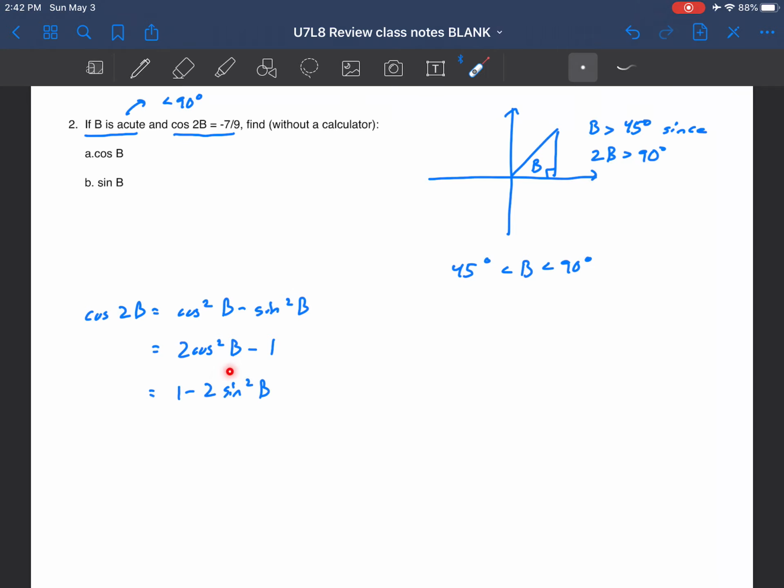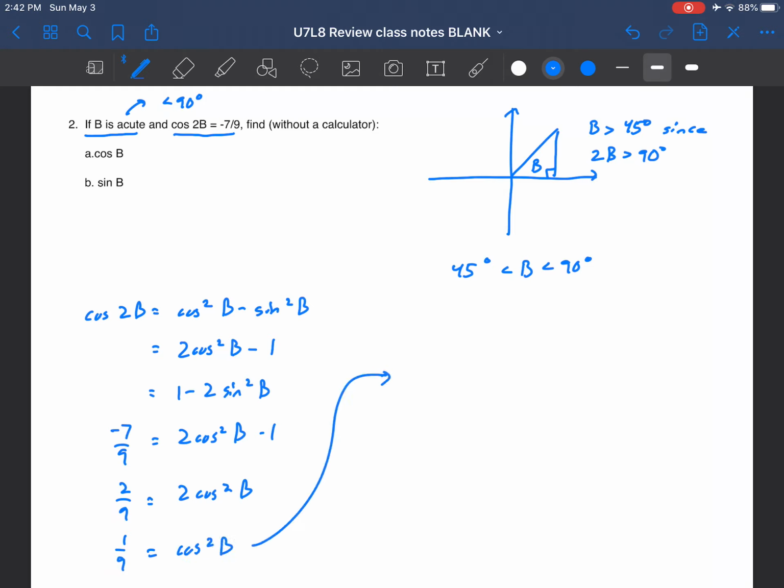We can use either of these two because they only have one unknown. I'm going to use this one just because it's the first one I wrote. So negative 7/9 is equal to 2 cosine squared B minus 1. If we move the 1 over, then 2/9 is equal to 2 cosine squared B. If we divide by 2, 1/9 is equal to cosine squared B.